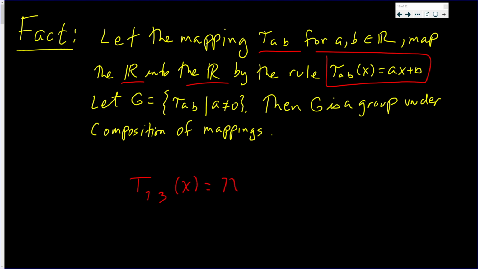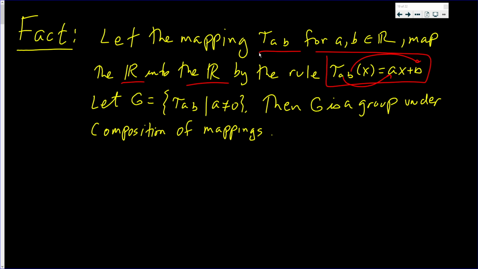It will be 7 times x plus 3. The a gets multiplied by the x, and you add on b. That's all it does.